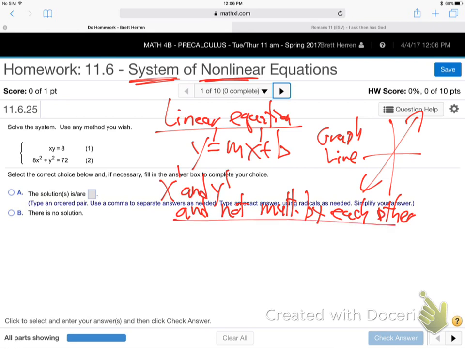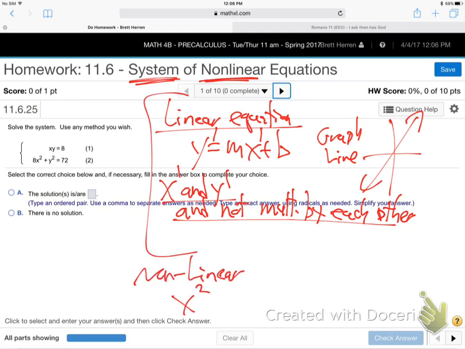So that's the definition of linear. X and y are to the first power, and they're not times each other. Because if they're times each other, that really is like x squared. So that's linear. Non-linear is the opposite.